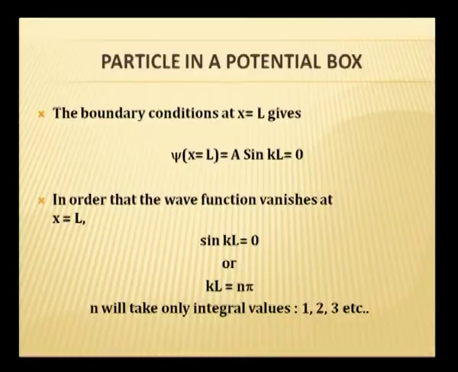If sin kL were to become equal to 0, the only possibility is kL equal to n pi, and n should be an integer. n will take values 1, 2, 3 and so on, then only your sin kL will be equal to 0. So you should remember now, kL will be equal to n pi; this is a very important step.